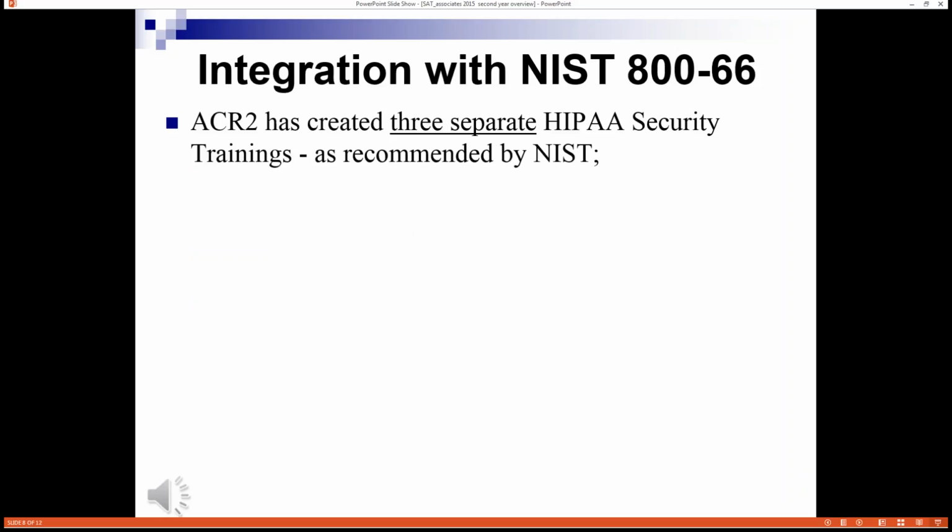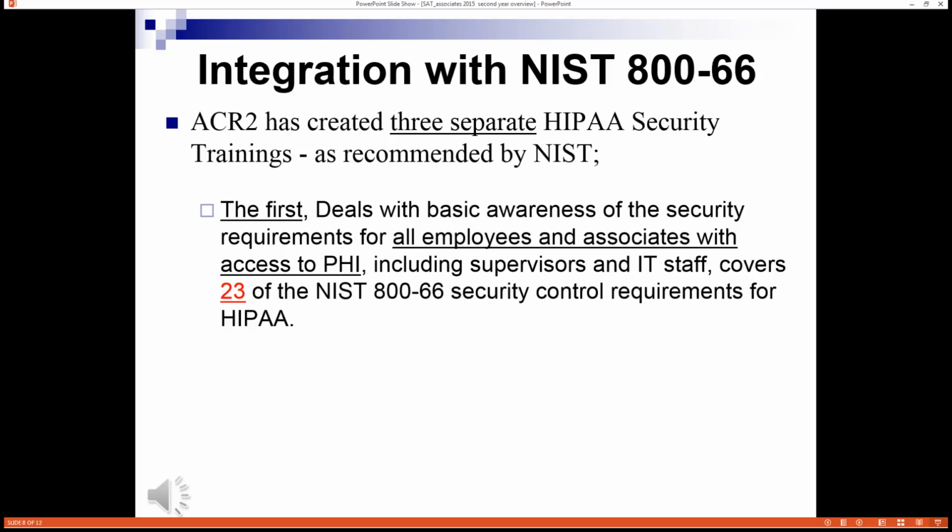Integration with NIST 800-66. ACR2 has created three separate HIPAA security trainings as recommended by the NIST. The first deals with basic awareness of the security requirements for all employees and associates with access to PHI or EPHI. It includes supervisors, IT staff, and covers 23 of the NIST 800-66 security controls required for HIPAA compliance.